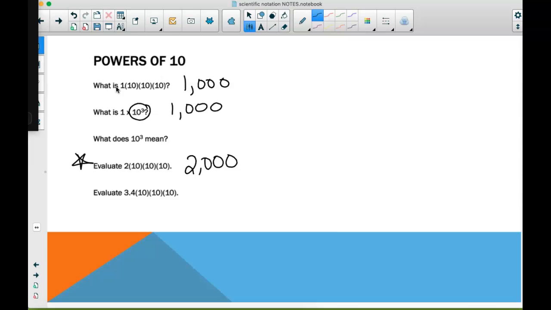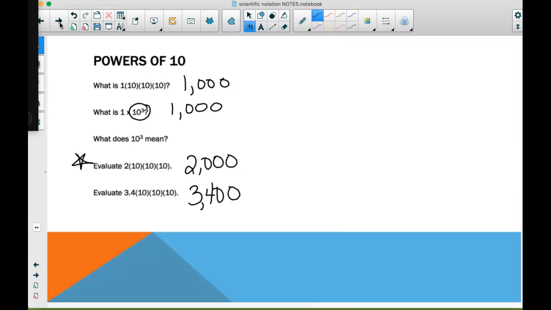Not 34,000. So here's where we have to be careful. 3.4 times 10 times 10 times 10 is 3,400.